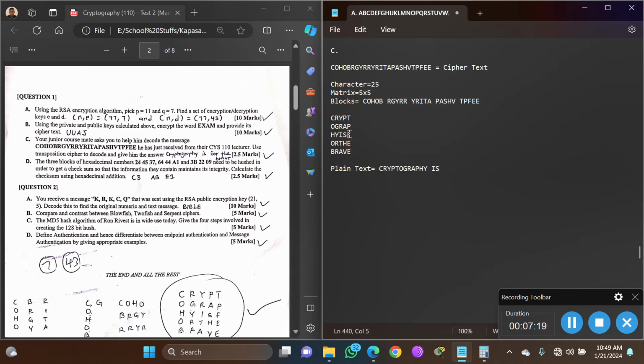Then starting from here up to here, that's 4. You say 4. And then this is there. So you say there. Then lastly, this is brave. So you say brave. So this ciphertext can be read as cryptography is for the brave. So that was simple, no need to explain further.